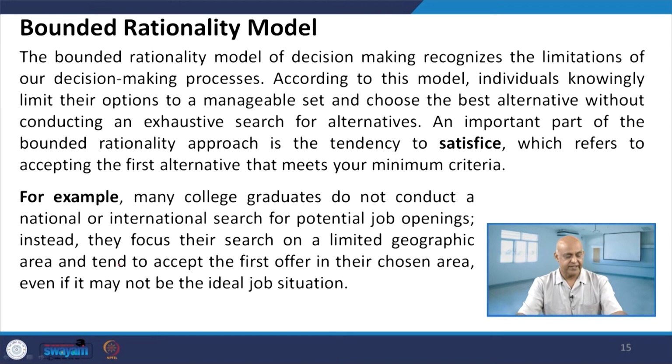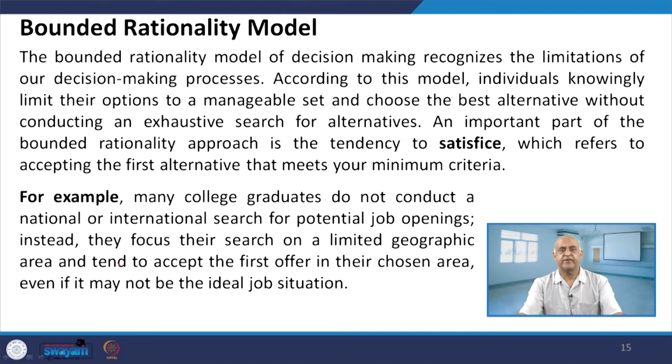An example is given here. Many college graduates do not conduct a national or international search for potential job openings, and instead they focus their search on a limited geographic area and tend to accept the first offer in their chosen area, even if it may not be the ideal job situation. So, this is the reality which is happening. Any institute which is not having the perfect seats takes the first offer in their chosen area.